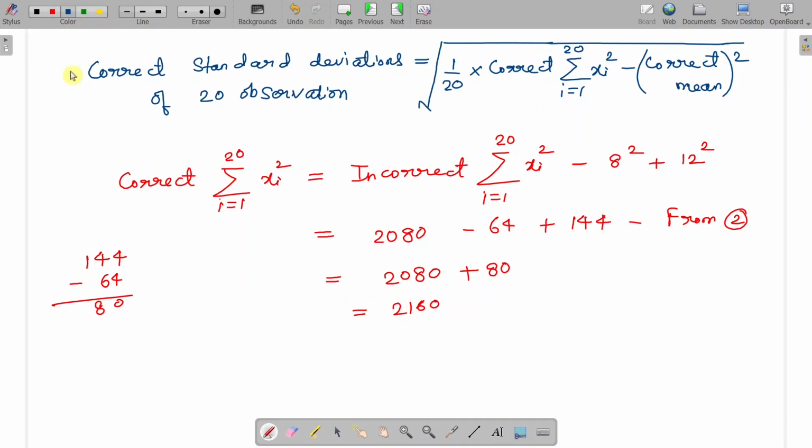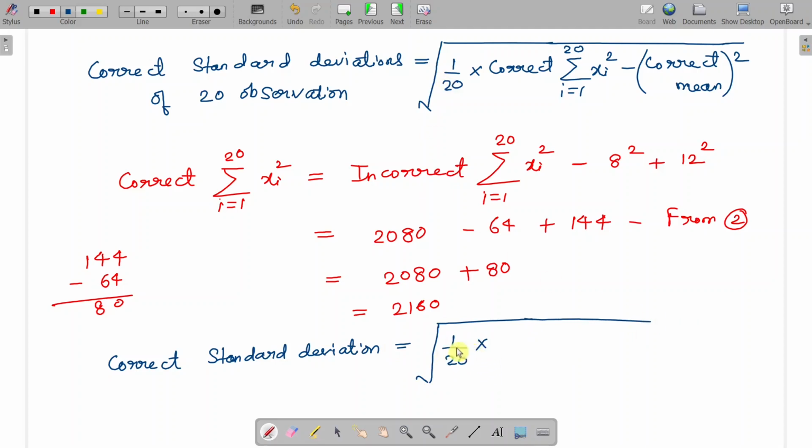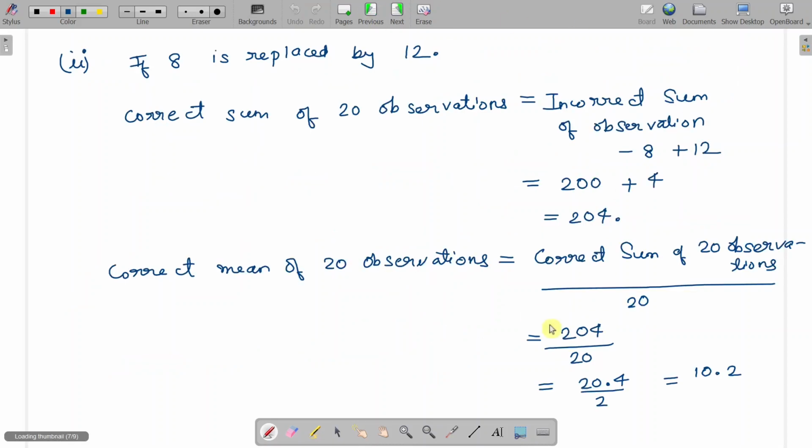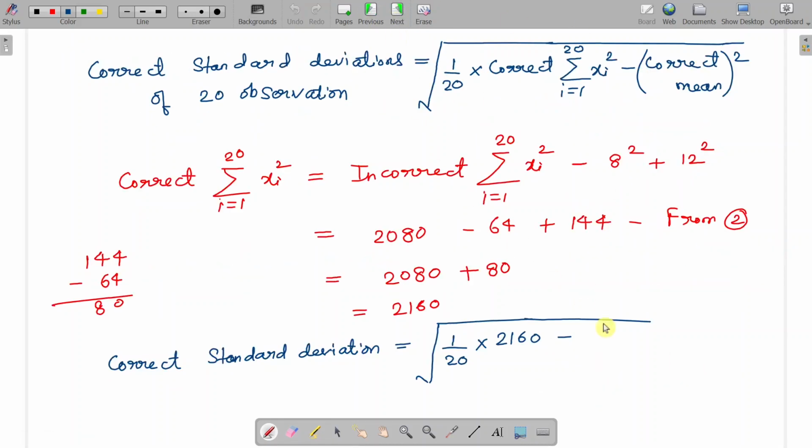Now we can find the correct standard deviation. So the correct standard deviation will be equal to root of 1 by 20 into correct summation i going from 1 to 20 xi square, so that is 2160, minus correct mean square, so 10.2 square.